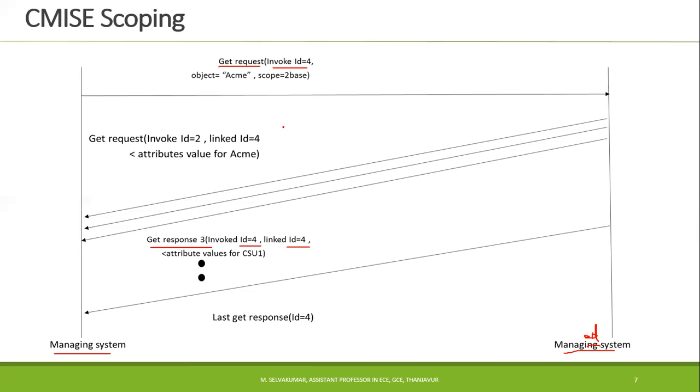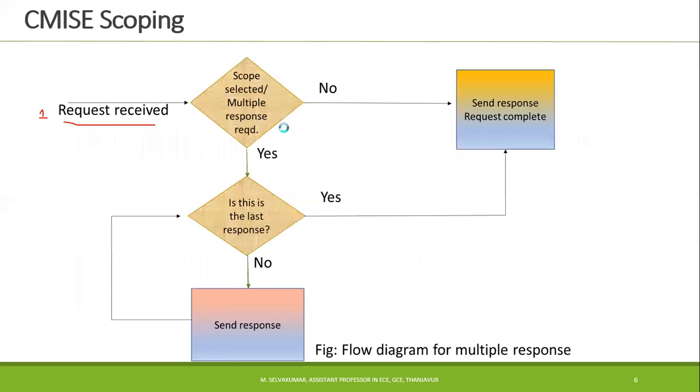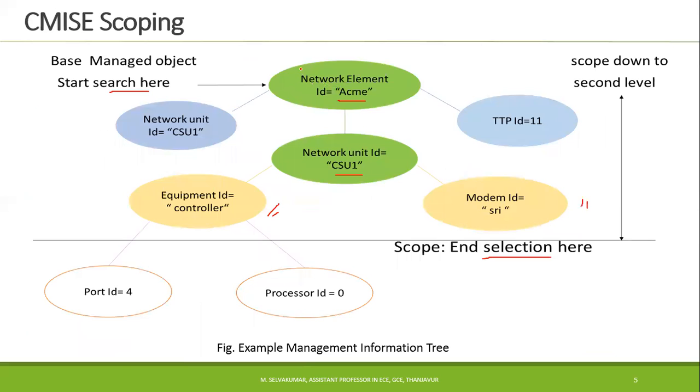Next is the scoping and filtering. The CMSE scoping and filtering are used to select a particular object. Suppose I need information from the particular object of this modulation demodulation that is linked together with the network element ID ACME and the network unit ID CSE.